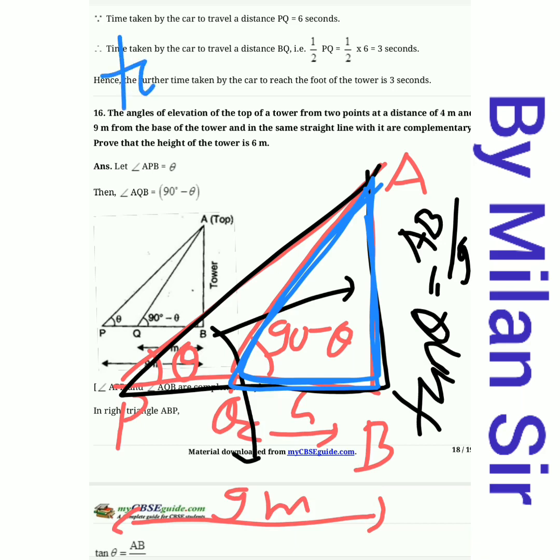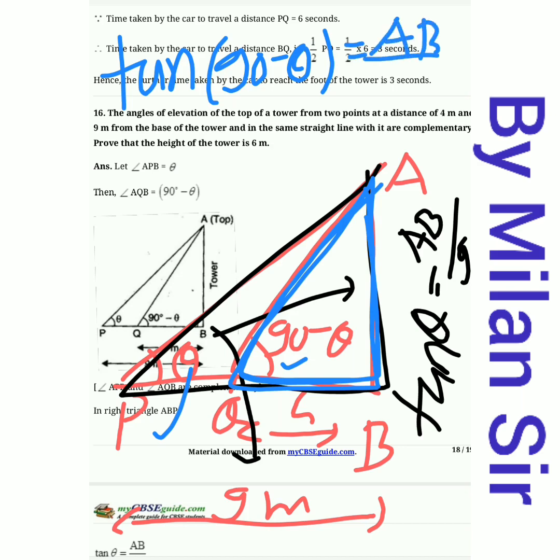So tan, this time the value of the angle is 90 minus theta. Here we write theta, here 90 minus theta is there. So tan 90 minus theta. Now the opposite side is AB, and the adjacent side is QB.